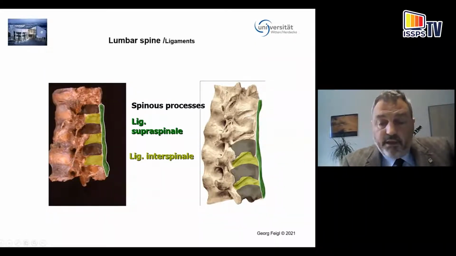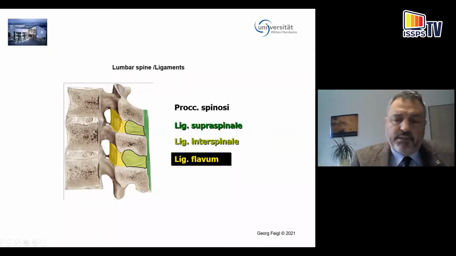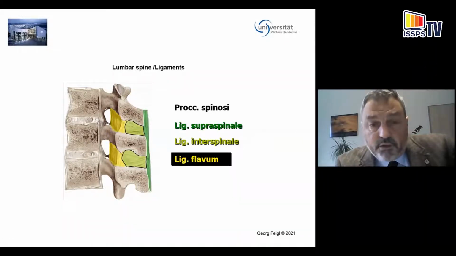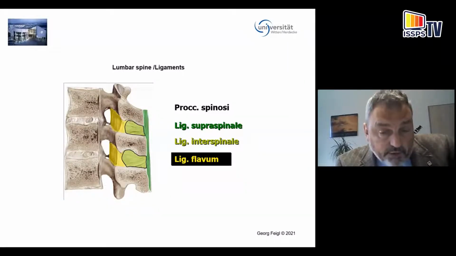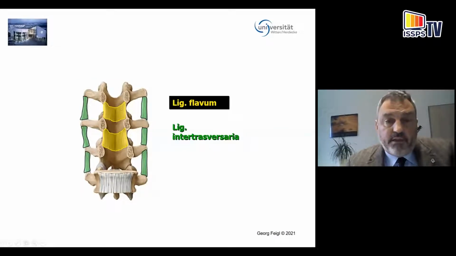And then, deeper, you see of course the ligamentum flavum, which is partially missing in the median sagittal plane, caused by the different development of this ligament itself. So you see this ligament over here, and then a very important ligament which is in between the costal processes, and this is something you can see.